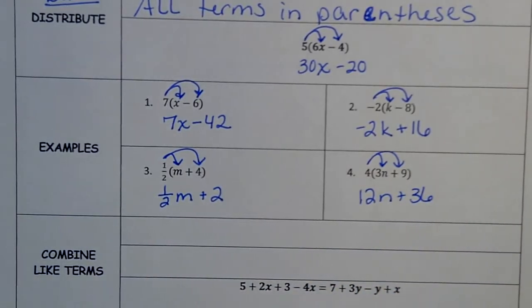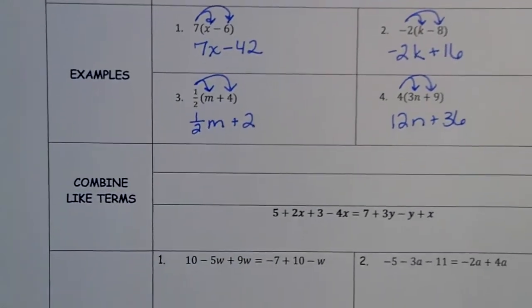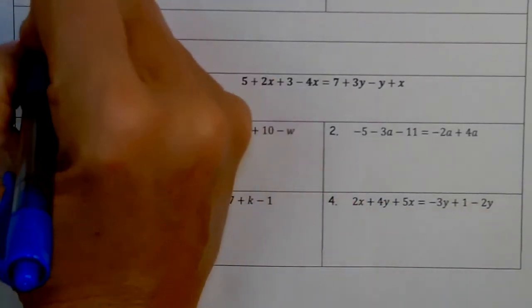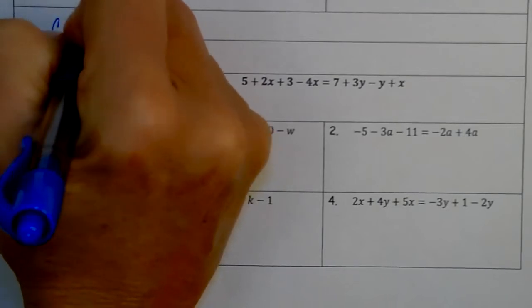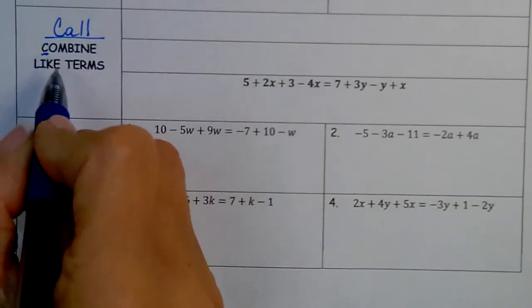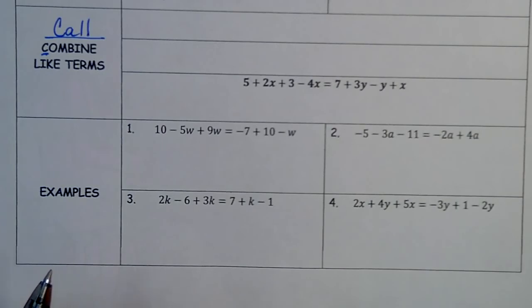Okay, so the next step is combine like terms. So in our mnemonic, it's don't call that reminds us that we need to combine like terms next.